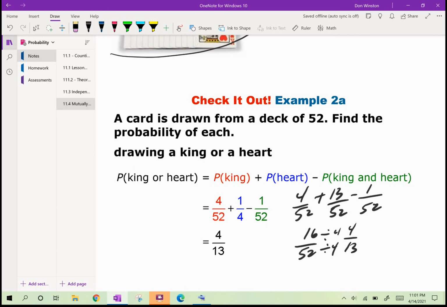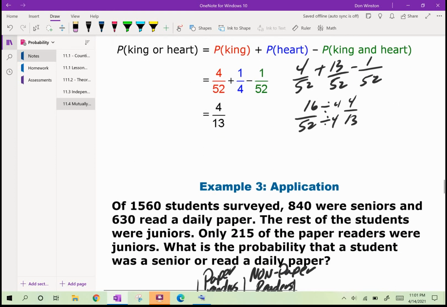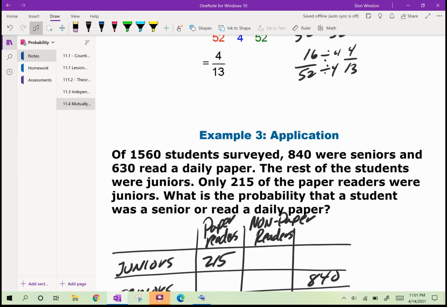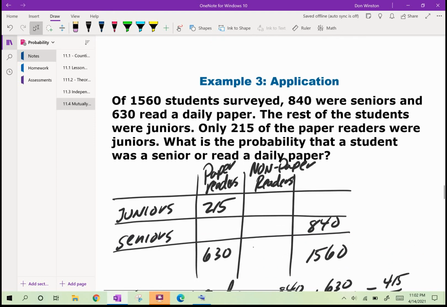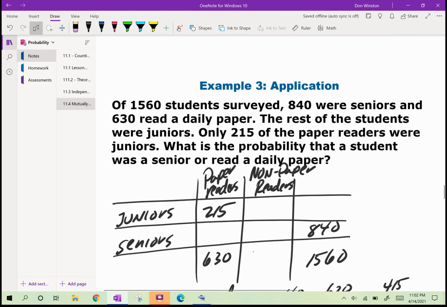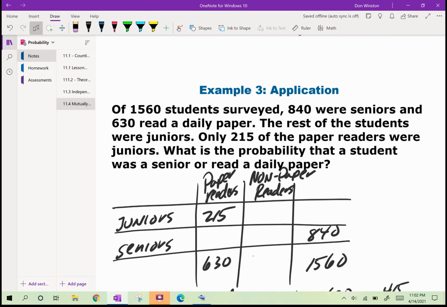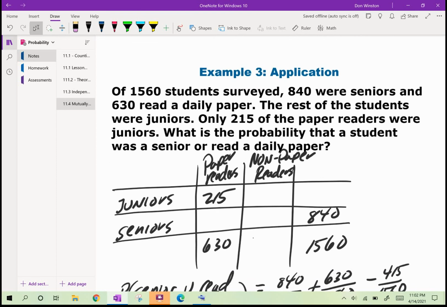All right, let's look at the next one here. With these, I always suggest students make a table to collect the information. You'll get used to making a table with these, but I'll show you what I mean, and then you fill in the table. Of 1,560 students surveyed, 840 were seniors.